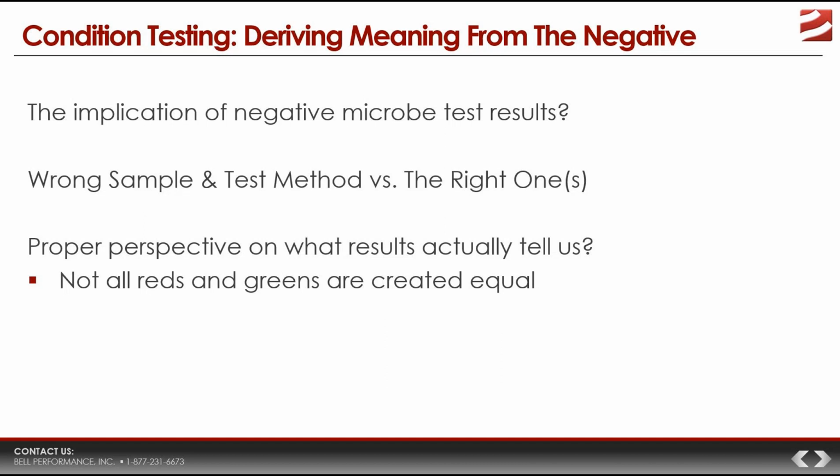Remember earlier we talked about how this is a microbial world. We're just living in it. There are microbes all around us, which means it's impossible to have a microbe-free situation virtually anywhere, so the goal is not to be microbe-free. It is to have a manageable level of microbes.